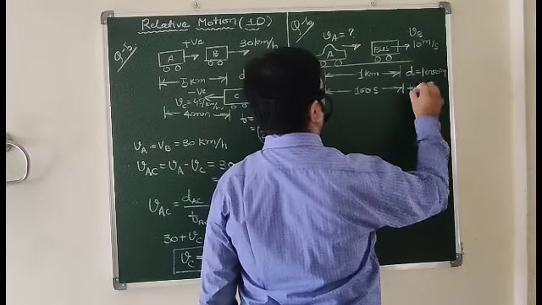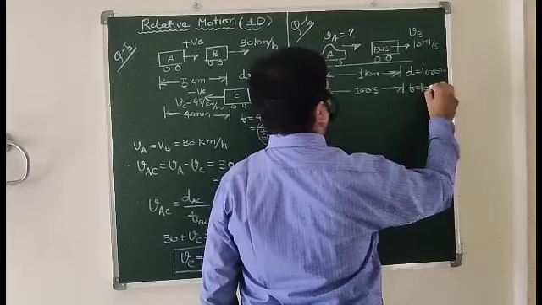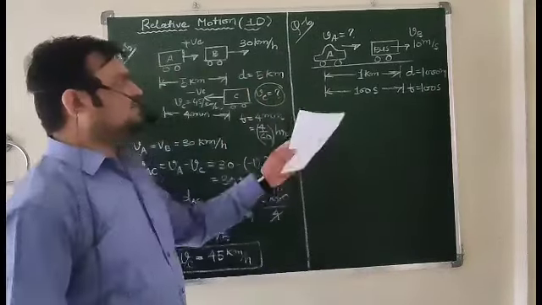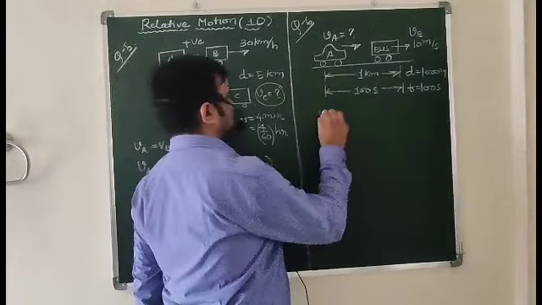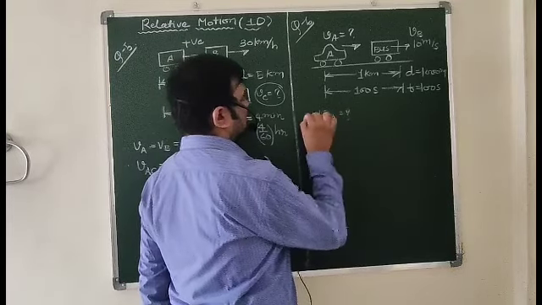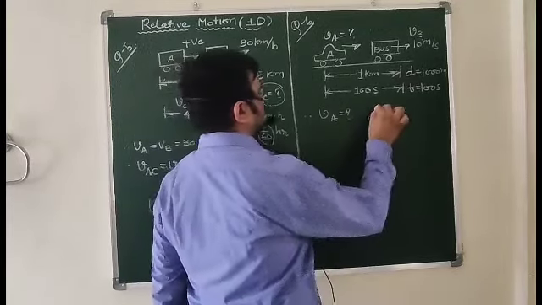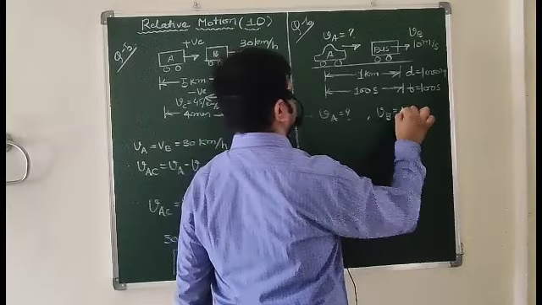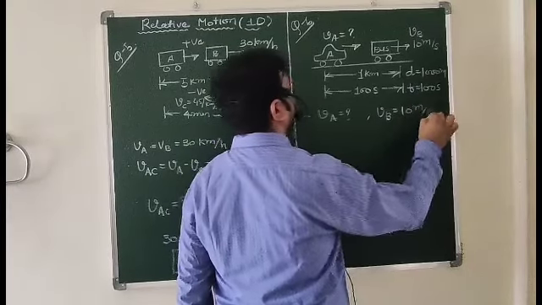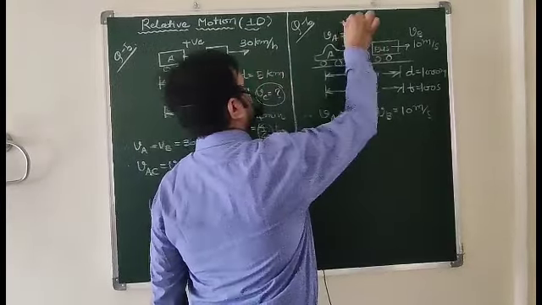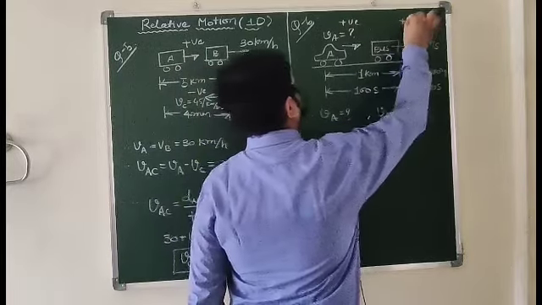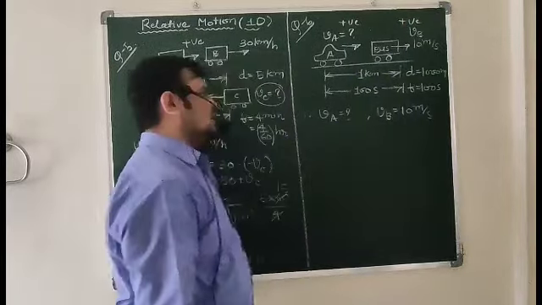VB is 10 meter per second. Now VA is in the positive direction and VB is also in the positive x direction.